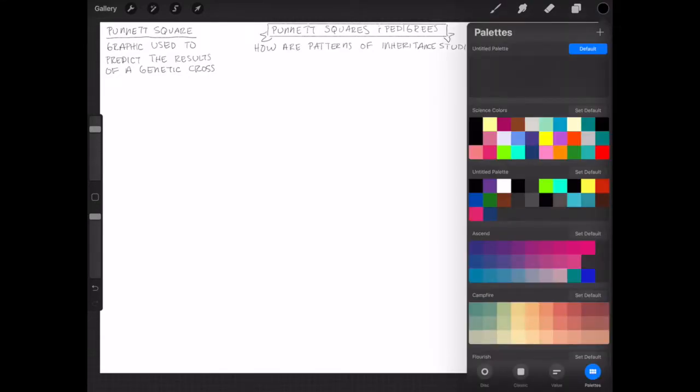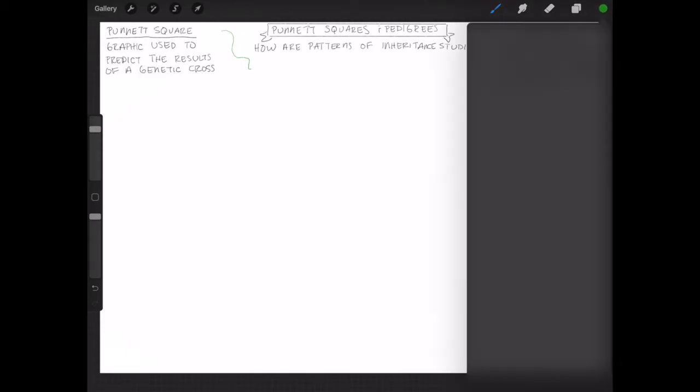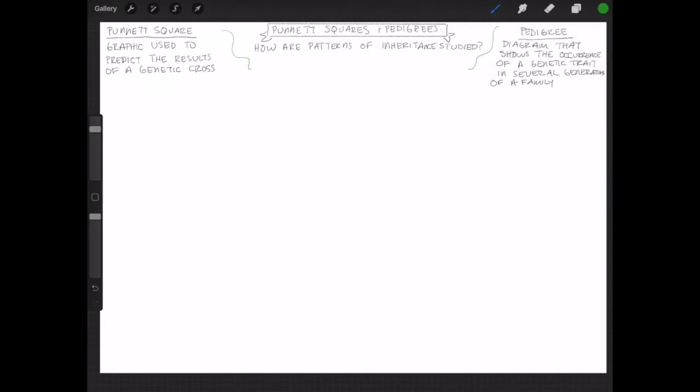All right, so let's put a little bit of color in here, and we're going to represent flowering pea pods that Gregor Mendel studied. He was studying inheritance.